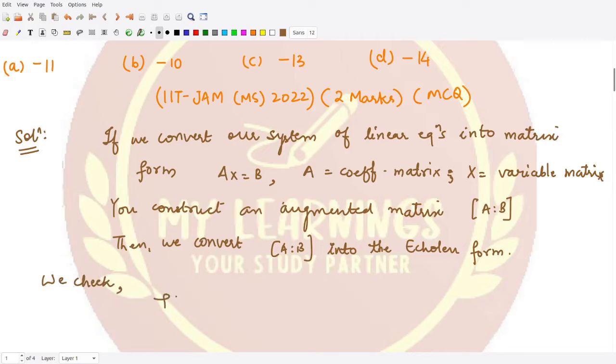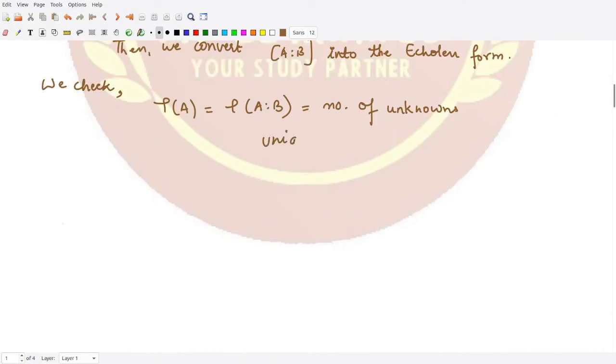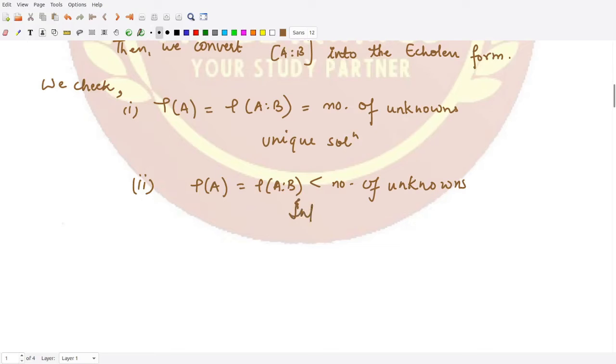If the rank of A is equal to the rank of A augmented B, and further equal to the number of unknowns, then you have a unique solution. This is the first case. Second case: if both ranks are equal to each other but less than the number of unknowns, then you have infinitely many solutions. This is our case in this question.